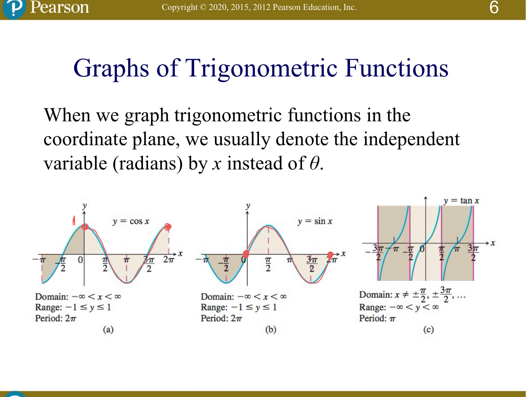Tangent. I need you to know that tangent also goes through the origin, but I need you to know where its first 2 asymptotes are. Okay, it has 2 asymptotes at pi over 2 and negative pi over 2. From there, you should be able to figure out where all the rest are. It's a periodic pattern.